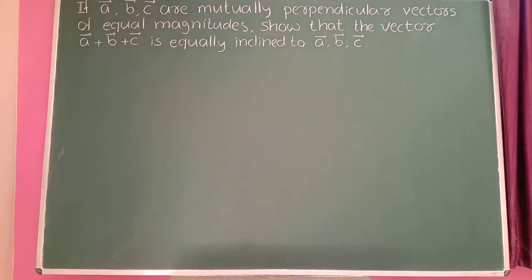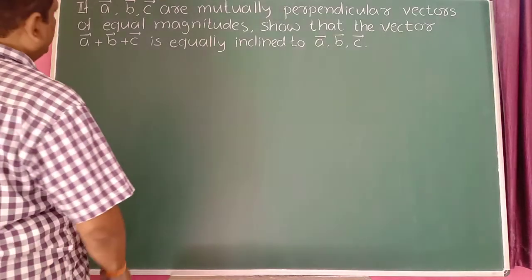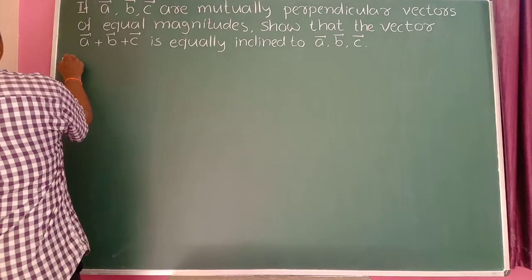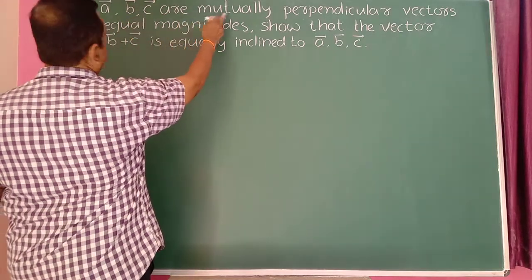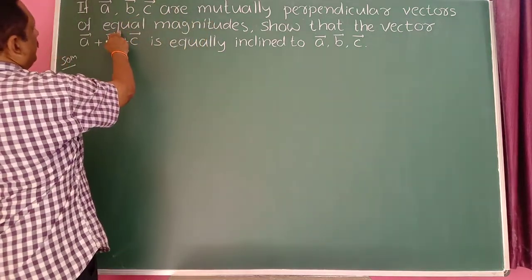So if the vectors A bar, B bar and C bar are mutually perpendicular vectors of equal magnitudes, show that the vector A bar plus B bar plus C bar is equally inclined to the vectors A bar, B bar and C bar. Here they have given these three vectors are mutually perpendicular of equal magnitudes.